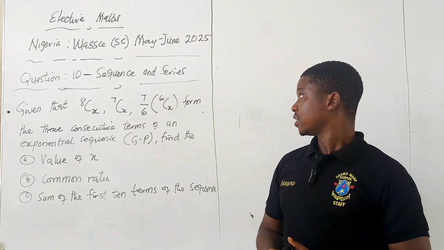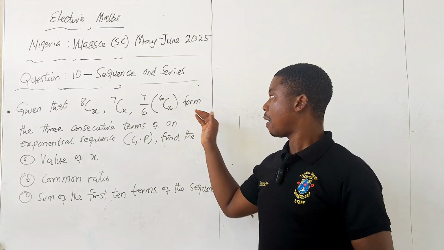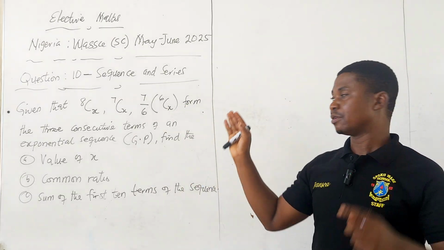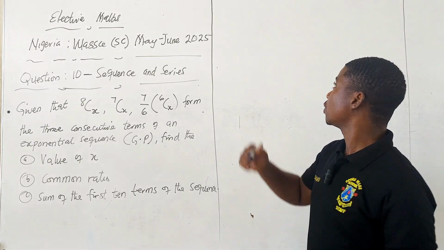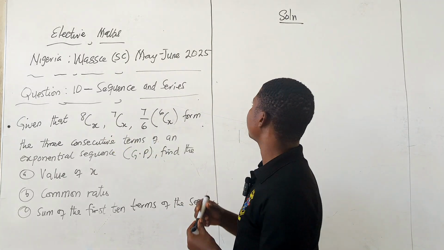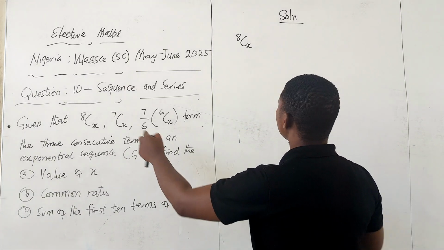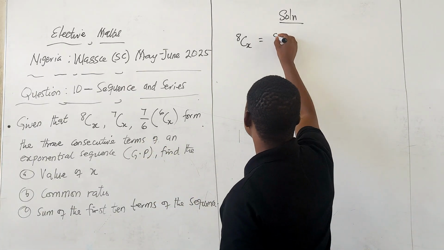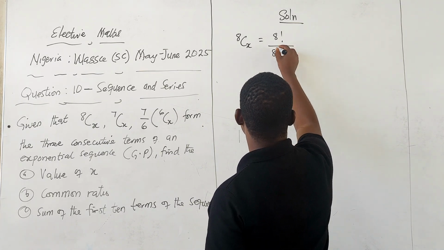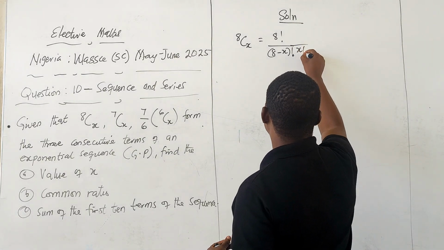So that's our question. You realize that this is a sequence and series, but they've mixed it up with permutation, so combination. So we need to apply some of them as we move on. So let's see. The first term is 8 combination x, which is written as 8 factorial over 8 minus x factorial, x factorial.